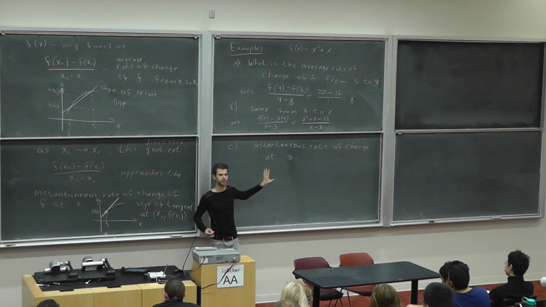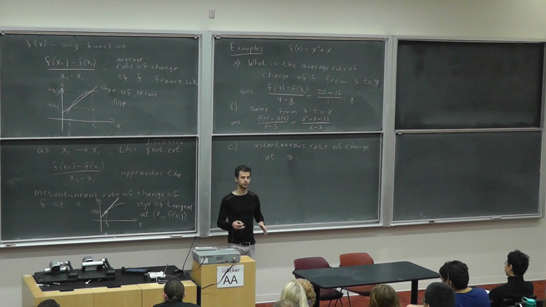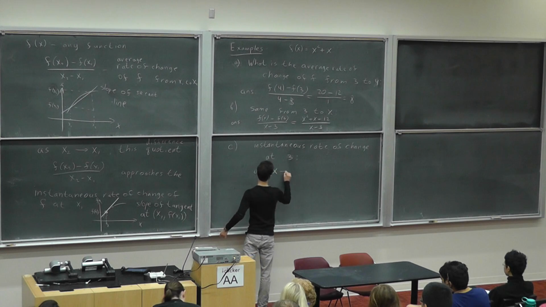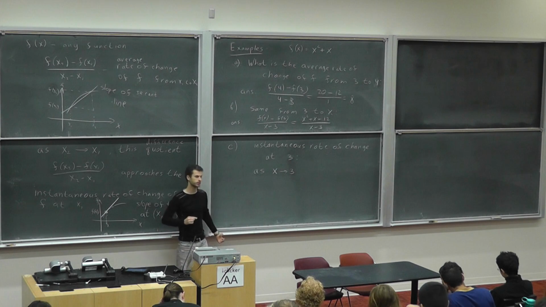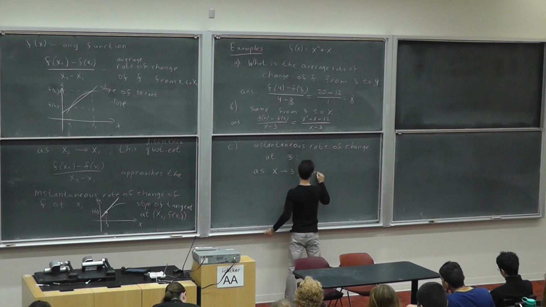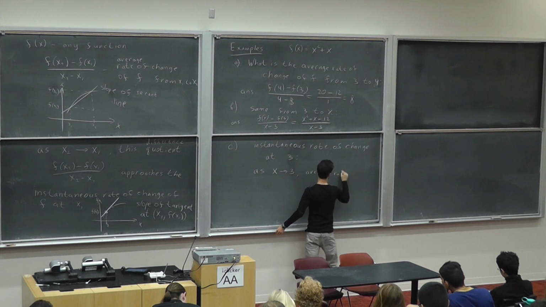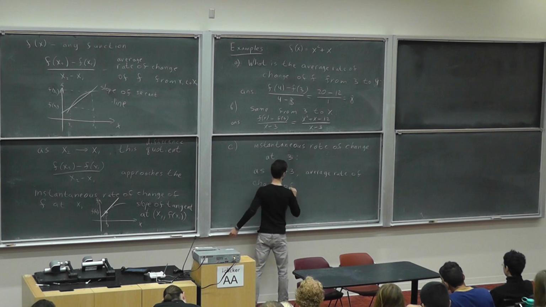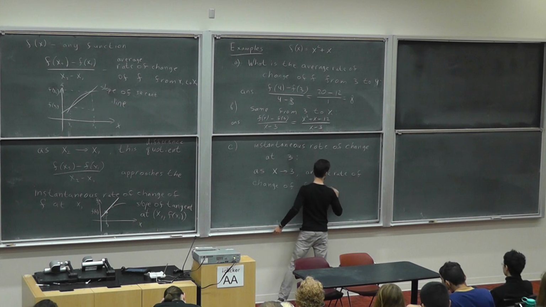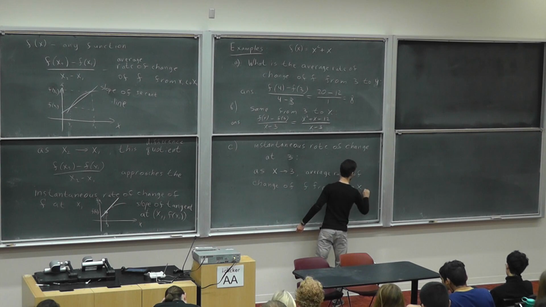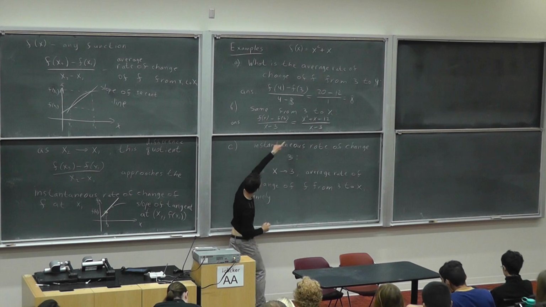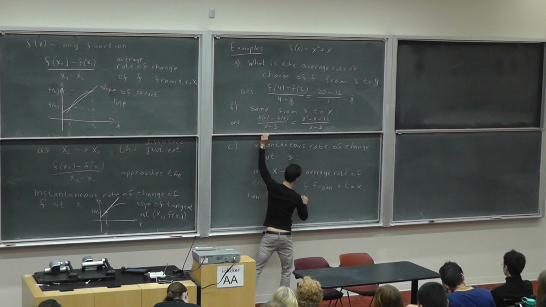But now let's do it algebraically, without doing computations on the calculator. So what I'll do is like this. As x approaches 3, the average rate of change of f from 3 to x, namely this thing, x squared plus x minus 12 divided by x minus 3.